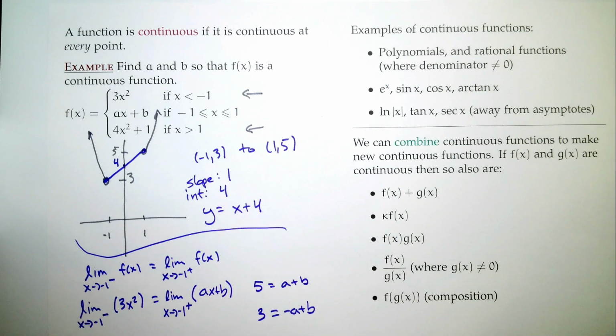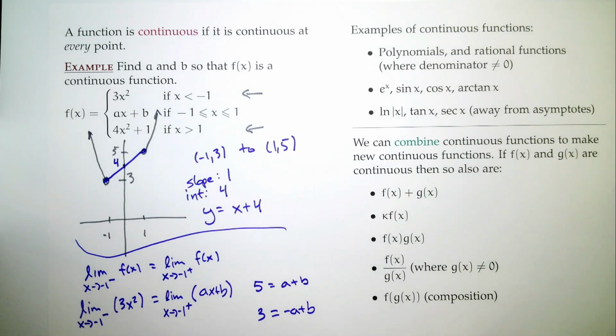That's a constant. You can multiply continuous functions. They're still continuous. If you divide a continuous function by a continuous function, as long as your denominator is not 0, you're continuous. The most important one probably is composition. Function inside of a function. If you have a continuous function inside of a continuous function, you're still a continuous function. All right.